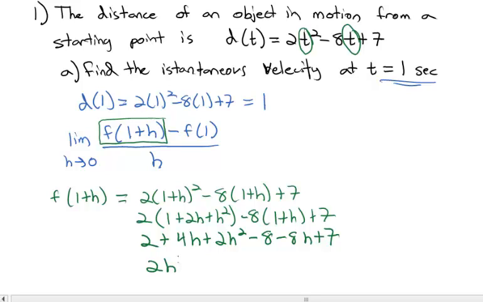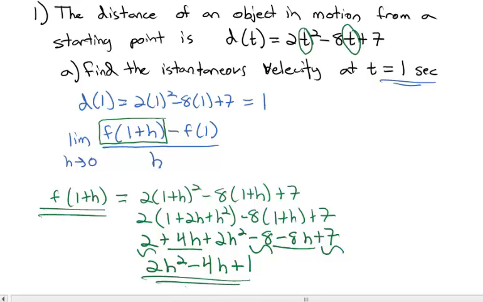Then on the h's, we've got 4h minus 8h is negative 4h. And then 2 minus 8 plus 7 is 1. So we now know that d of 1 plus h is 2h squared minus 4h plus 1.